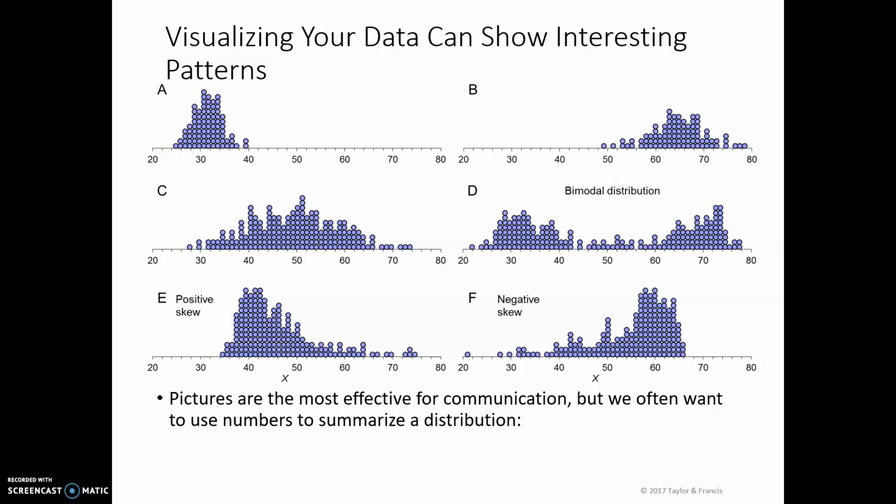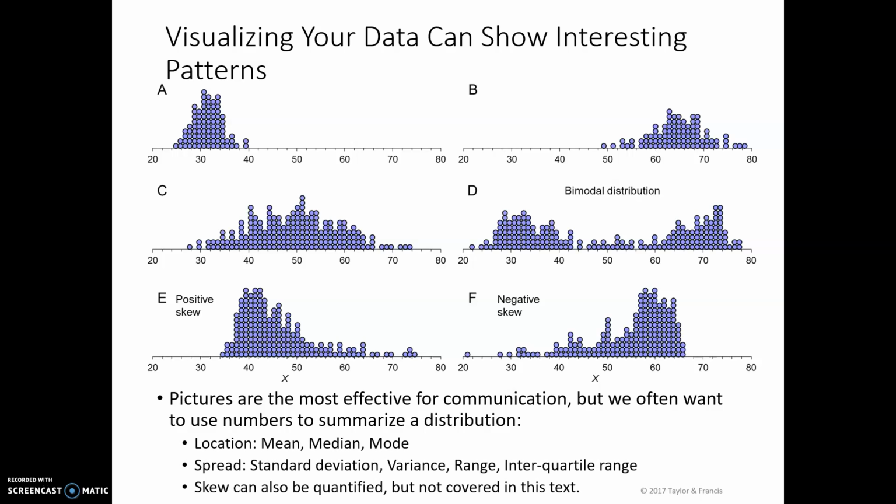Now, one of the things that you've seen is that really, yes, pictures are very helpful. And I mentioned that I really like a good graph because it helps me learn about the data. But oftentimes, I don't just want pictures, I want numbers as well. So like I said, we have location. We can look at mean, median, or mode. With spread, we can look at standard deviation, variance, range, or the interquartile range.